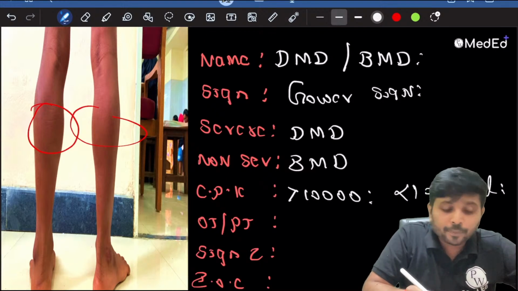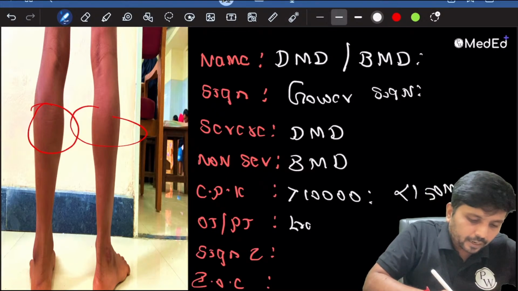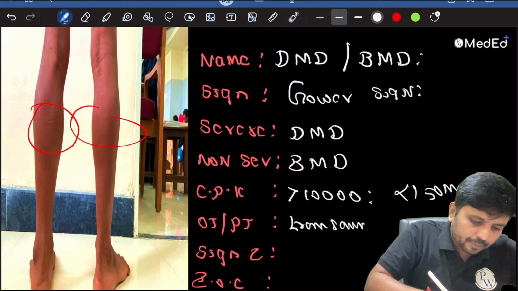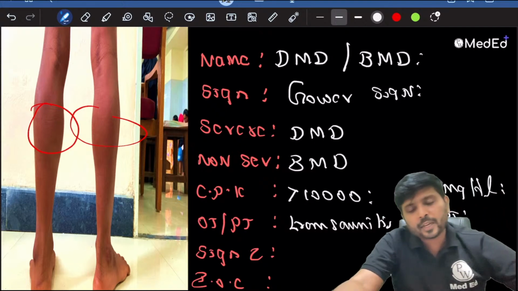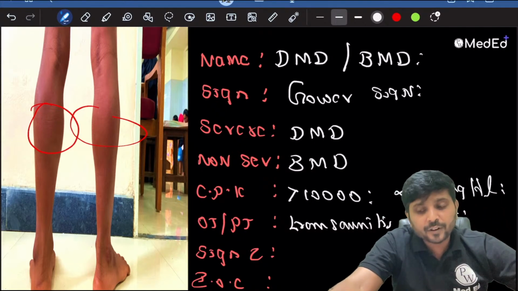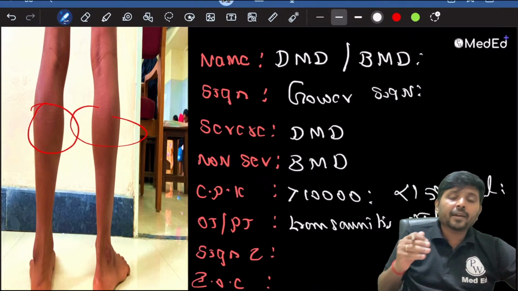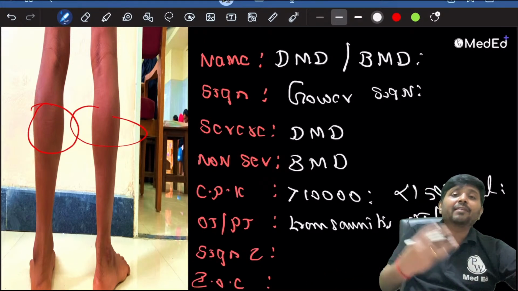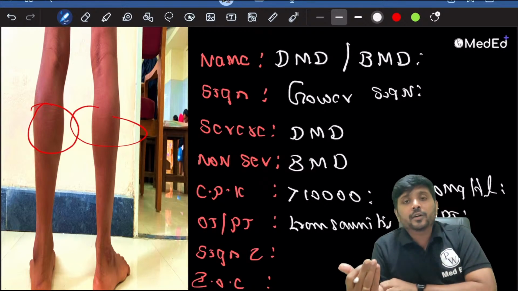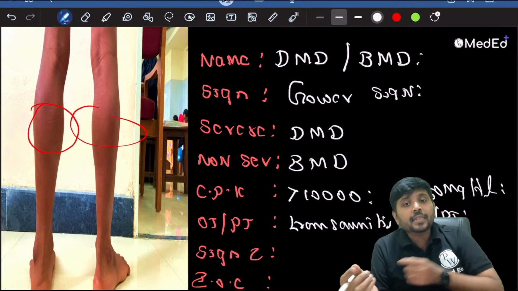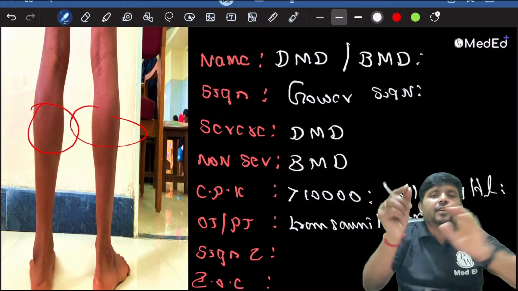One more important point is they can also present with transaminitis, elevated SGOT and SGPT, because these can also be released from muscles. Invariably, when a boy comes with only elevated transaminases, instead of thinking about a liver disorder, think in terms of muscular dystrophy.